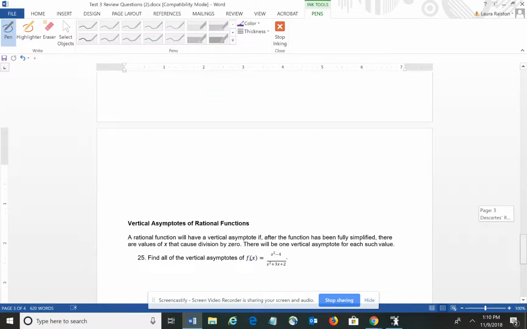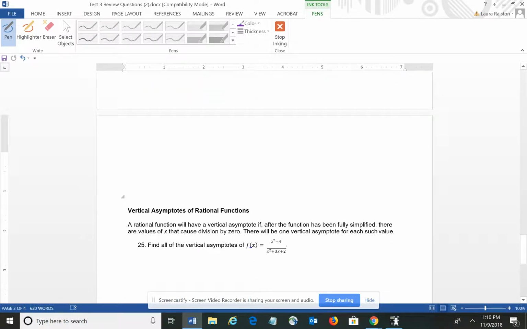All right, we're going to shift gears now, and they changed topics here for the last few problems, and they begin talking about rational functions. Again, they really don't define for you, at least not here on the review, what a rational function is. And basically, a rational function is one that looks like a fraction.